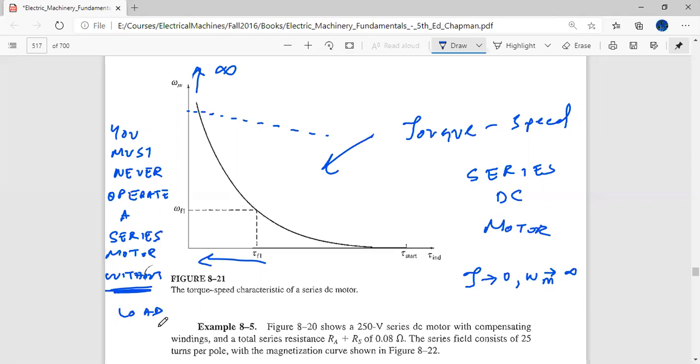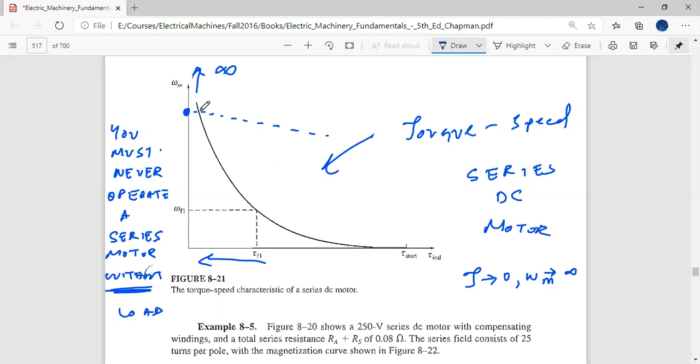So you can always quote this curve, as we see the torque speed characteristics over here. In the previous analysis of the shunt and the separately excited motor, this line had a clear y-intercept. That means at no load, the machine would run at some constant finite RPM.